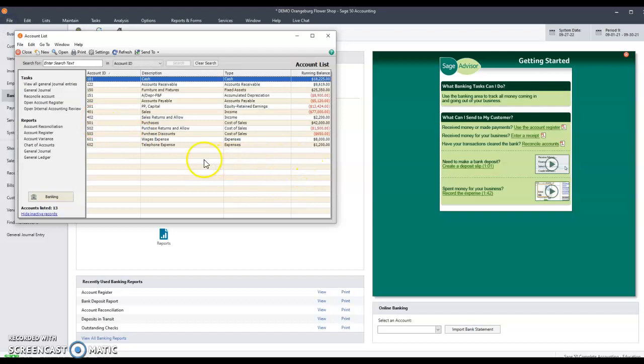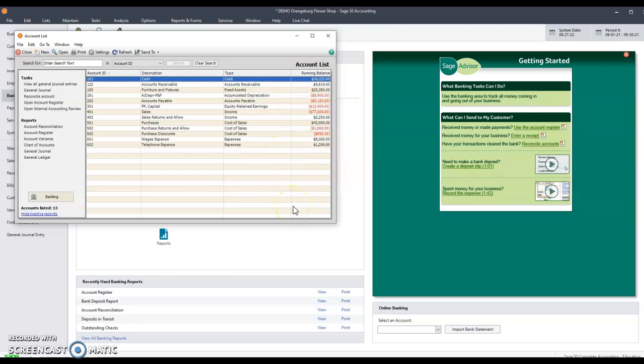And now if you take a look at your view and edit accounts, you see all the balances. You can double check them, make sure that they are the way they're supposed to be. These ones in parentheses in red mean those are credit balances. It doesn't mean they're negative. It means they're credit balances, and the ones that are in black are debit balances.